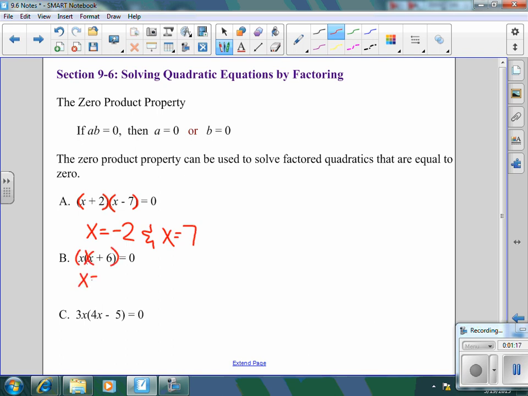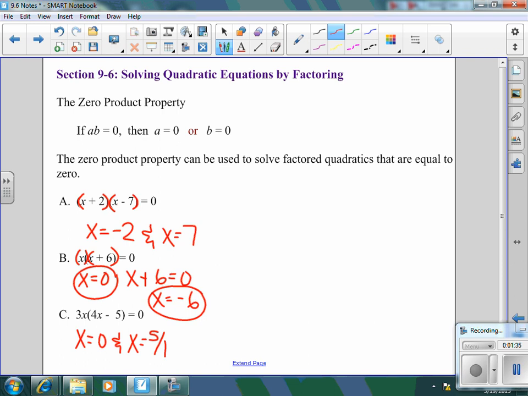So we need to set x equal to 0, and then also x plus 6 equal to 0. So x equals 0 is one of our solutions, and then the other one is negative 6. And then finally, this very last one, you should get x equals 0 and x equals 5/4.